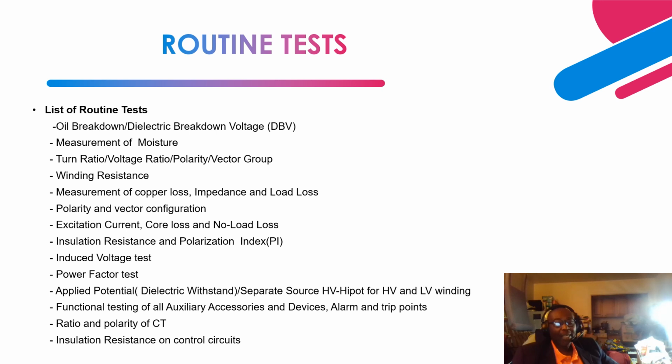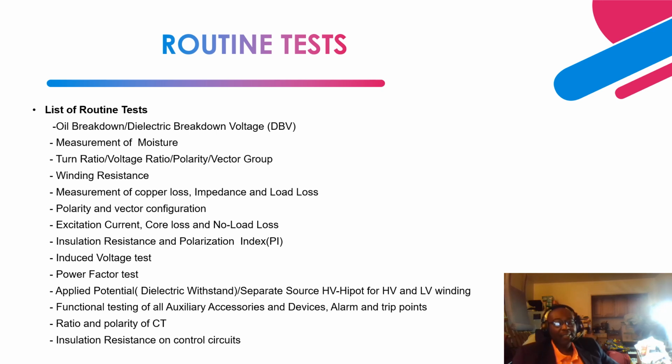You also check that there's no connection problem in the tap changer. What you measure is compared with what was obtained in the factory. It tells us that basically there's no damage to the transformer during shipping.